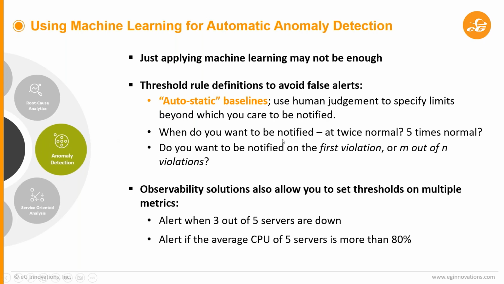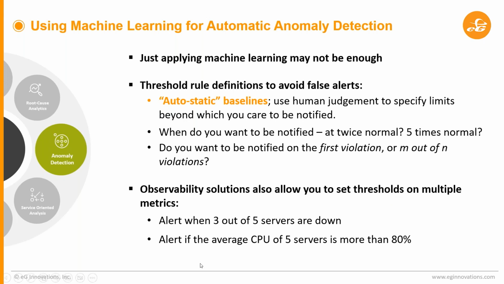So you have flexibility. In an ideal threshold rule definition, you have flexibility to be notified when your actual usage is twice the normal or 5 times the normal. Do you want to be notified when the first violation happens, or after a certain number of violations happen? Observability is also associated with setting thresholds on multiple metrics.